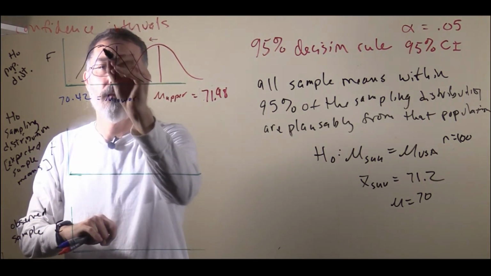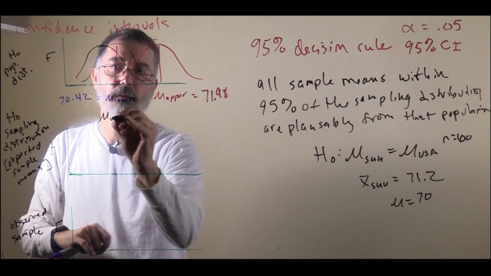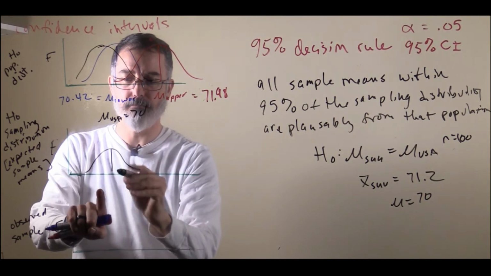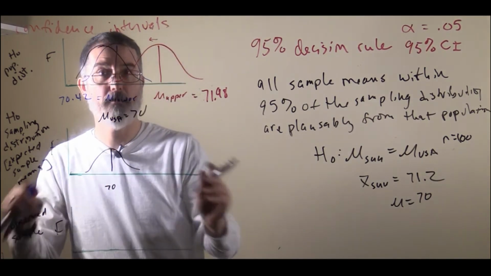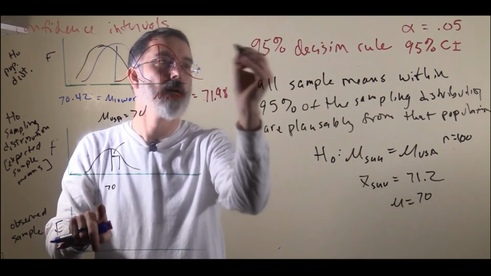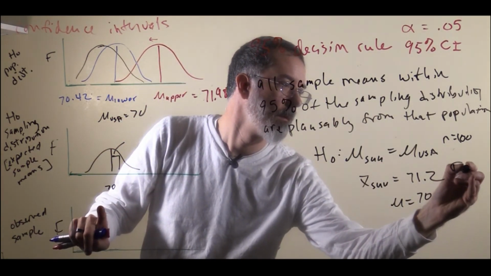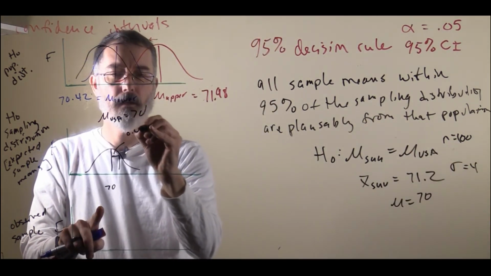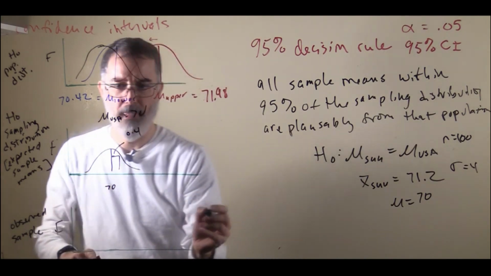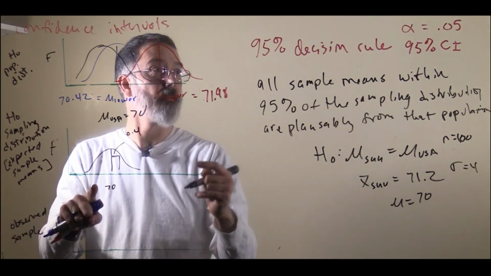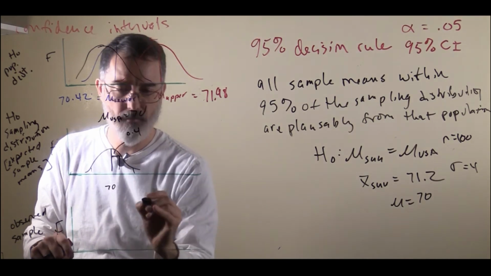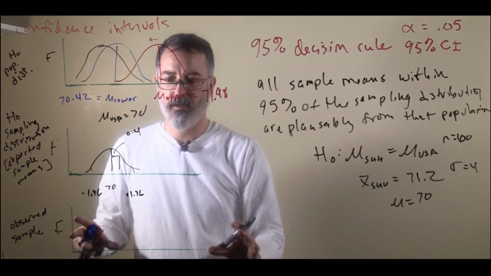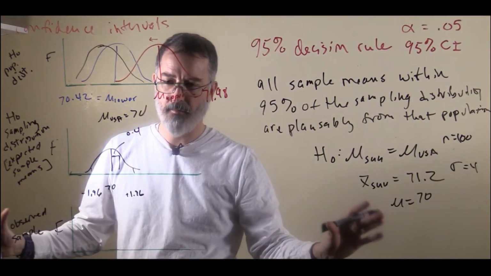Given a population mean of 70, we'd figure out what kind of sampling distributions we would expect due to random sampling from that population. Given this population standard deviation and the sample size, the standard deviation is down here, 0.4. Because we're doing a z-test with an alpha of 0.05, our critical values are going to be plus 1.96 and negative 1.96. Any samples that are more extreme than that, we'd reject the null hypothesis.